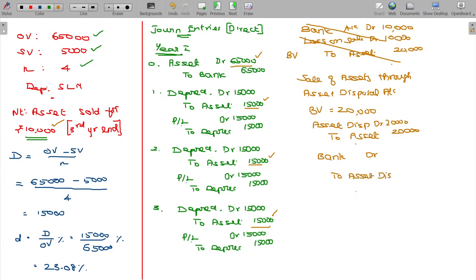An asset is a real account, but the moment it is transferred to the disposal account, it becomes a nominal account, because as per the going concern concept and asset classification, an asset that gives you benefit for more than 1 year is a real account. If we are going to dispose of the asset, it means we are selling it in a short period. So it will now be a nominal account. The asset disposal account value is 20,000, but you get only 10,000. The difference between these two is the loss on sale or loss on disposal.